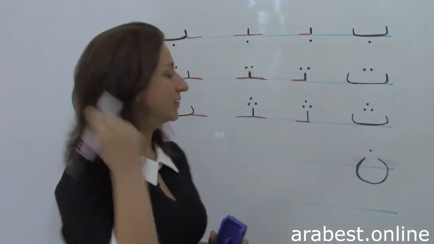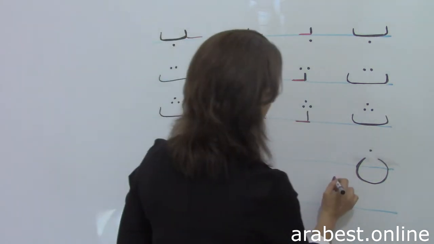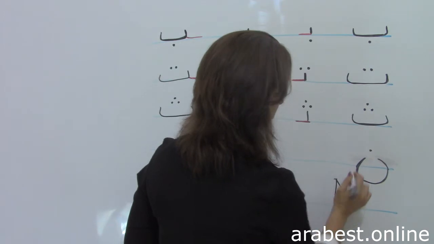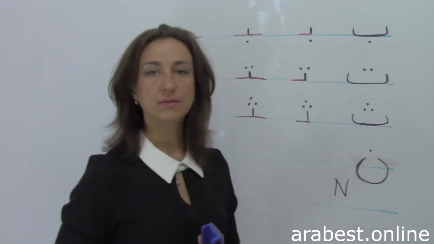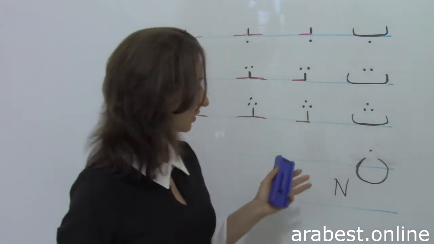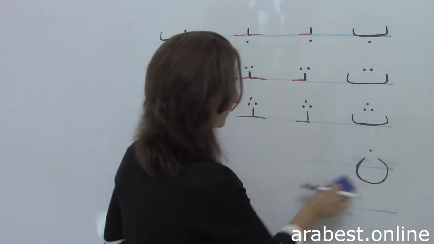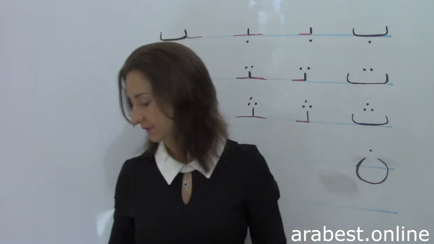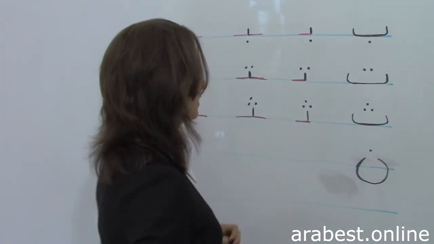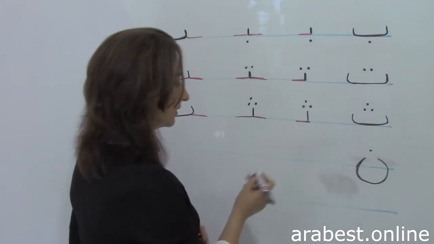Letter nun gives us the sound n, like English n. Very simple. But we still have a question. What does this letter do here? The answer is simple. We just look at this letter in the beginning of the word.